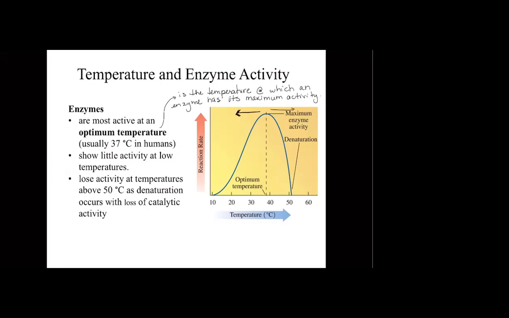Remember that decreasing the temperature stops that kinetic energy. When we increase the temperature of an enzyme-catalyzed reaction, what is occurring is that we are going towards events that disrupt enzyme structure, because denaturation is basically what we are going towards.